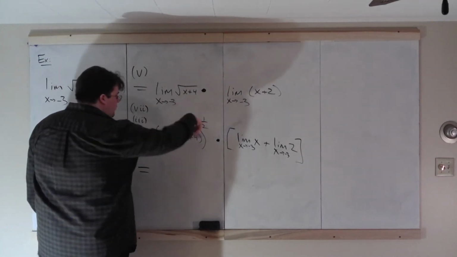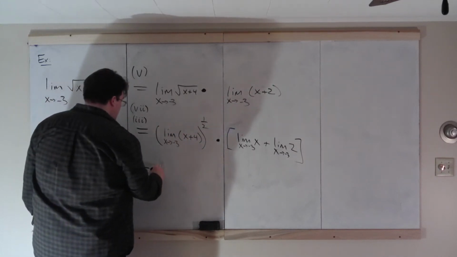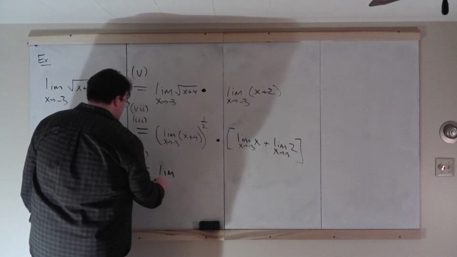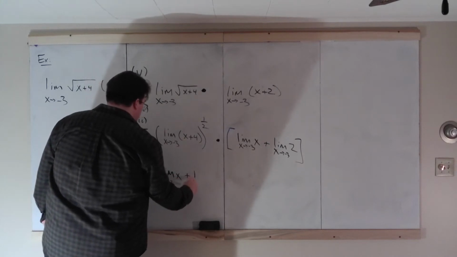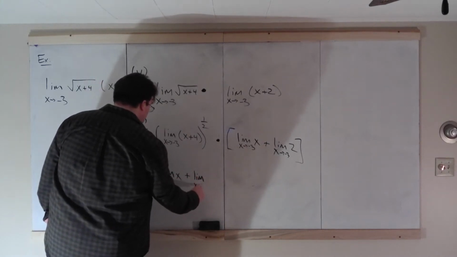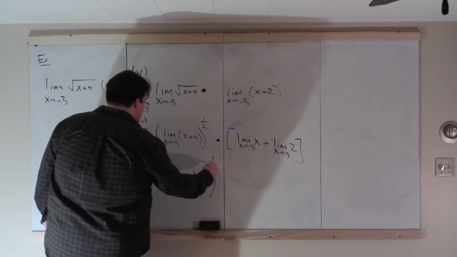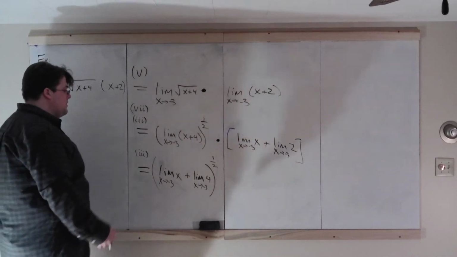Now, what can we do in here? Well, before even dealing with this 1/2, we have a limit of a sum on the inside. So we can again apply rule 3 to take the limit of the sum. And again, this is all still raised to the 1/2. So all we did here was split the sum into the sum of the limits.